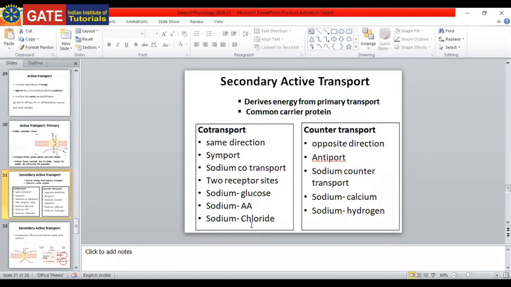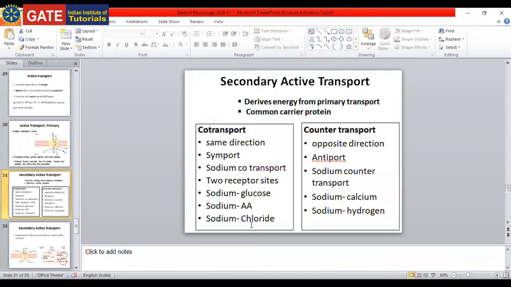Once sodium gets attached to the carrier protein from the outside, along with it there will be some other substance, and both can enter inside. Even in counter transport, sodium gets attached on the outside and is transported inside, and in exchange some other ion moves outside.